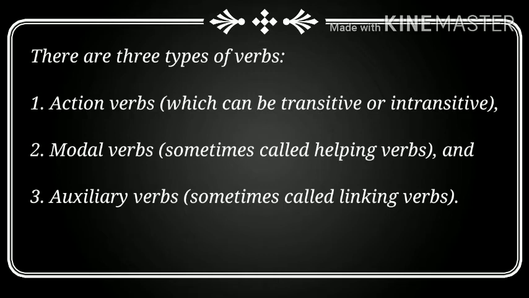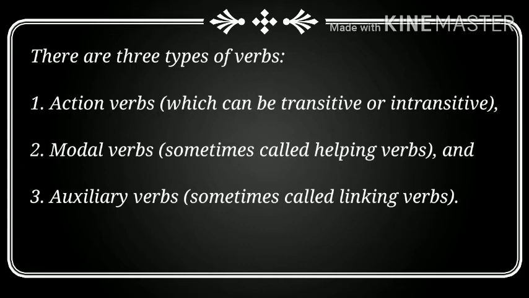That is transitive and intransitive. Now next type of verb is modal verbs. Sometimes it is also called as helping verbs. Okay. Now the third one is auxiliary verbs. Auxiliary verbs are also called as linking verbs.